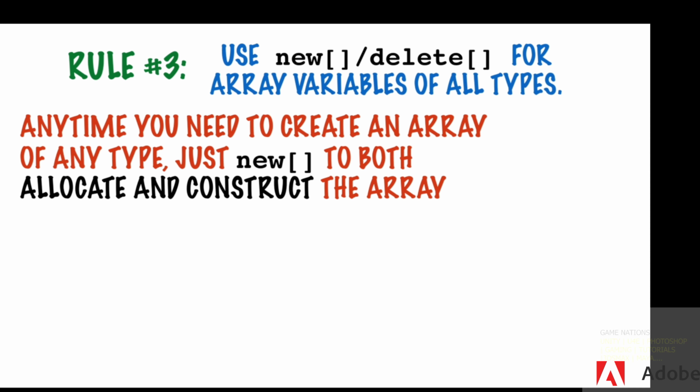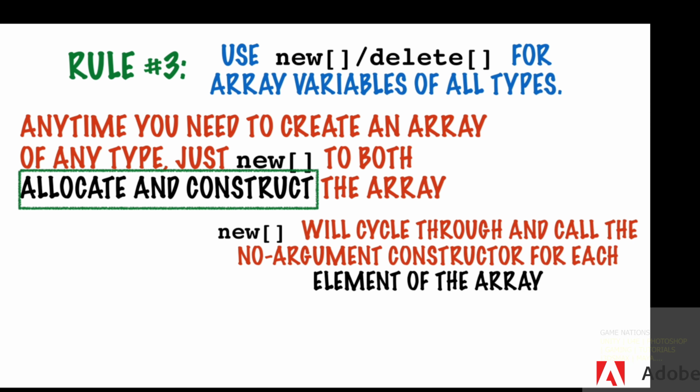New with square brackets not only allocates but also constructs the array. Remember that C++ is not just about memory allocation but also calling constructors on the individual array objects. So new with square brackets does both. It will allocate and construct the array.